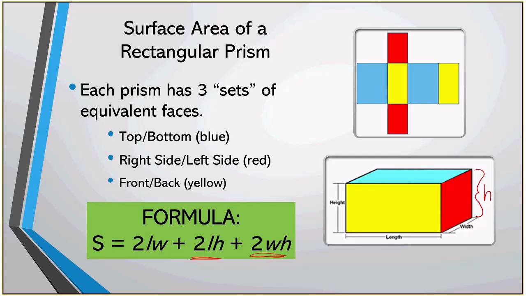Then finally that top, the blue piece, would be width, and here's length. So a rectangular prism has three measurements, a length, a width, and a height. And to use the formula, you just take every combination of multiplying two of those together. So length times width and length times height, and then width times height is the last one. So we're going to practice that.